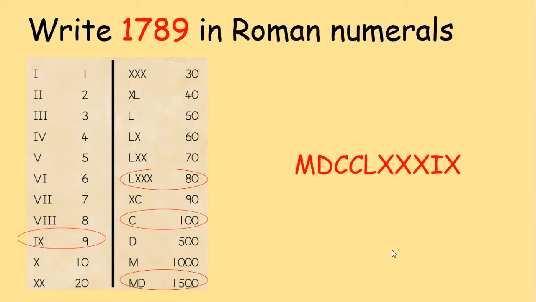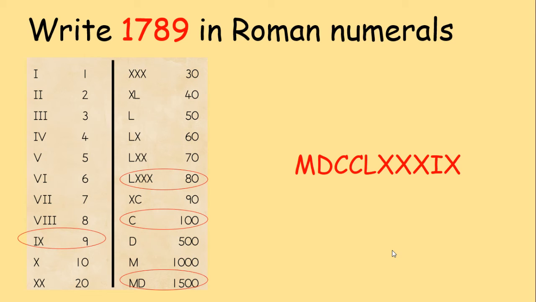I have circled the Roman numerals that I will need to use. I know that 1500 will be useful, so I'm going to write that first, MD. The number I'm looking at has 1700, so I'm going to need to add on 2 more hundreds, C, C. I then need to add on 89.